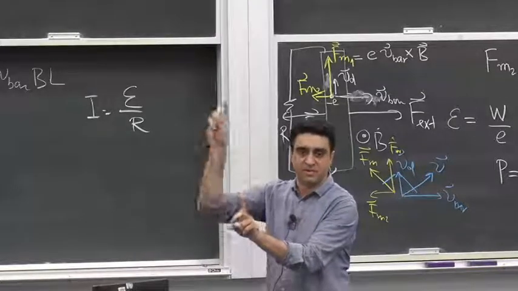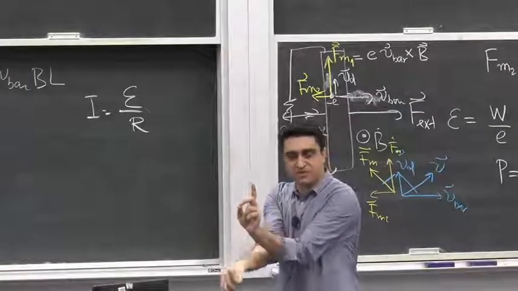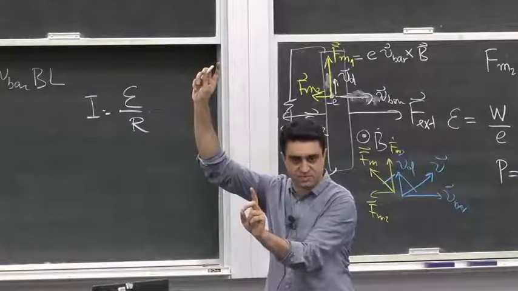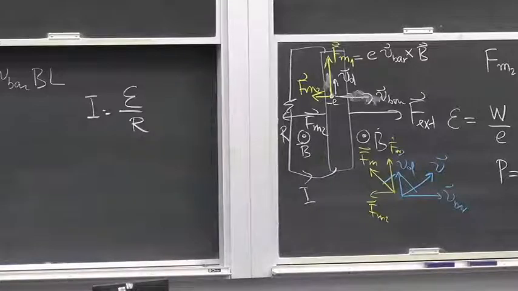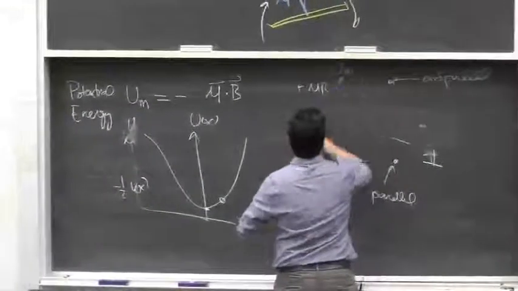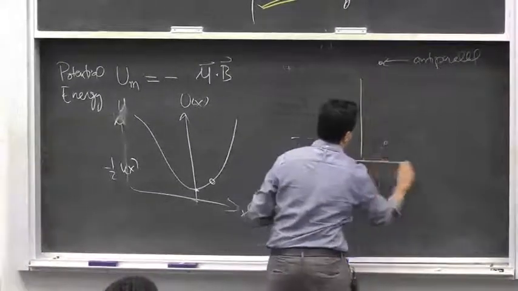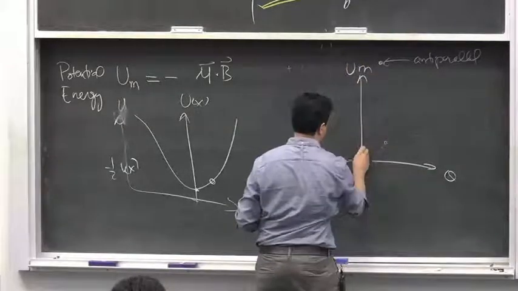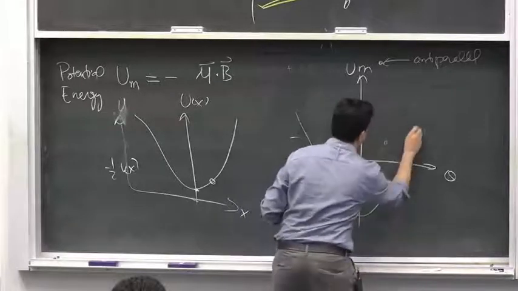It goes up. It goes to 0 when perpendicular, and when you make it opposite, it goes even higher. So if you plot the potential against the angle, let's say theta is the angle, and that's U of mu, you would have something like this.